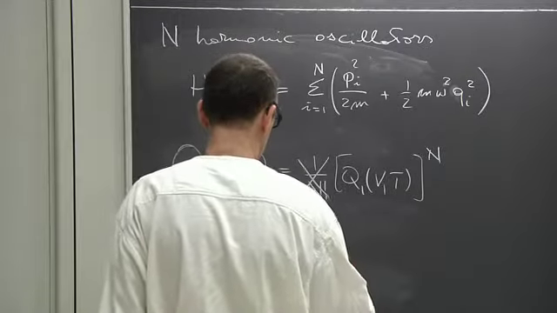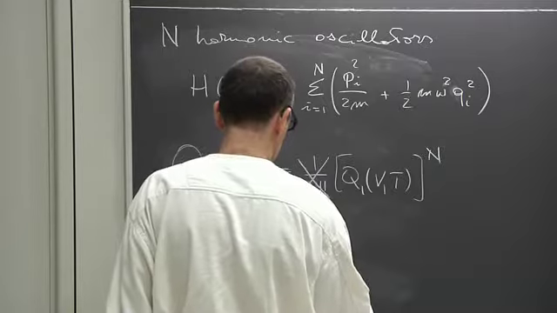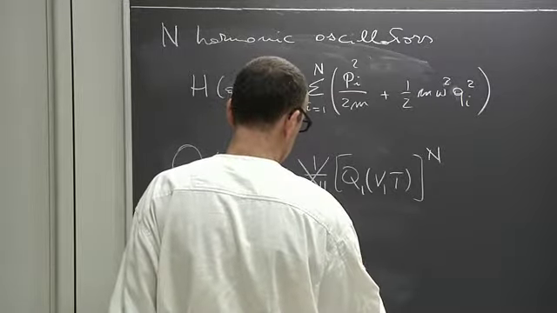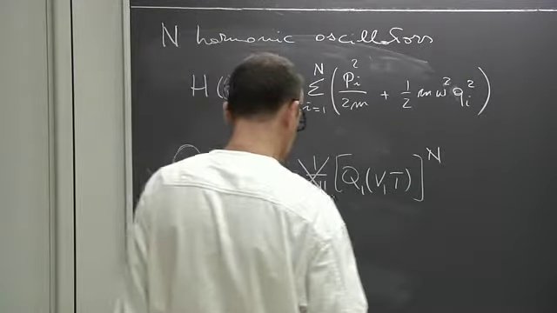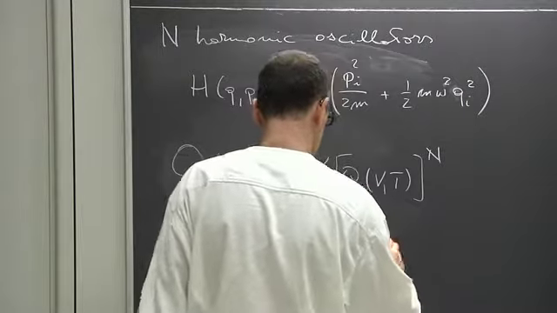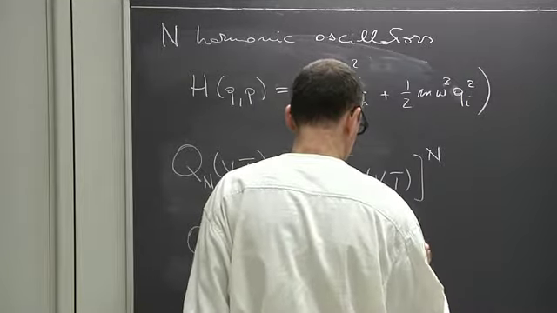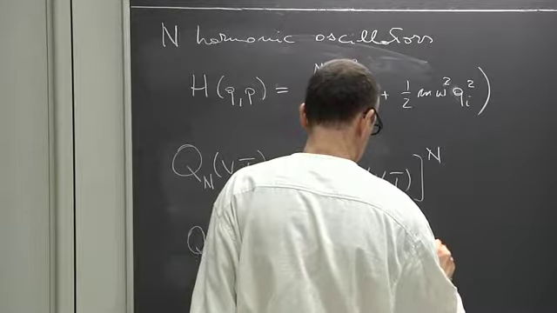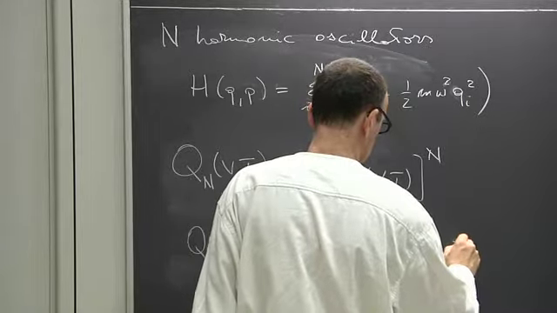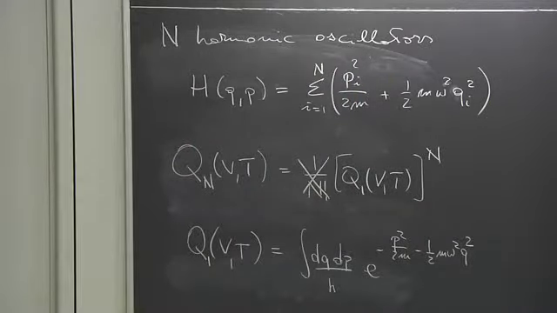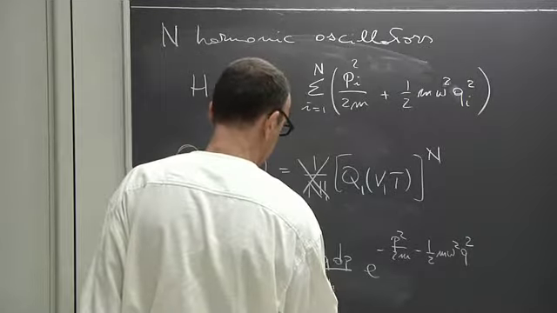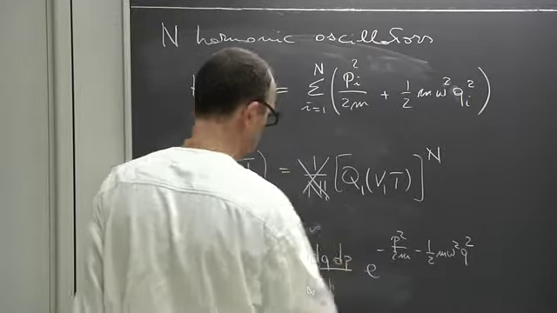And to do this, we have to do the integral of the momenta and the positions divided by h, and then there is e to the minus p squared over 2m minus 1/2 m omega squared q squared. Okay, and this is a Gaussian integral. We have to integrate this from minus infinity to infinity, both in q and in p.